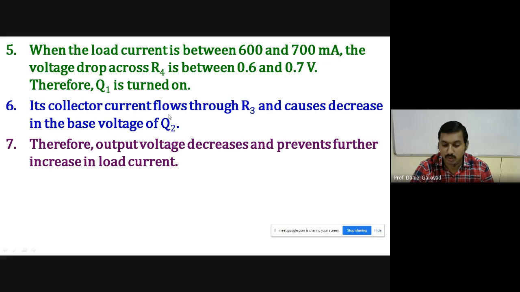The base voltage of Q2 decreases and therefore output voltage decreases and prevents further increase in load current. So these are the important points. Points 5, 6 and 7 are the important points of the description for this topic. And when this happens, there is a process of regulation of voltage, and the output voltage remains constant here.